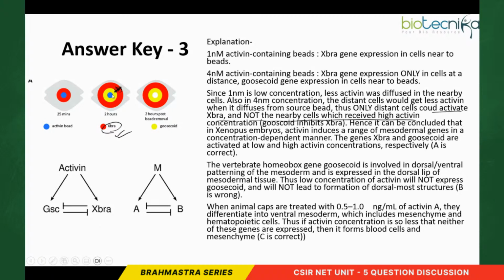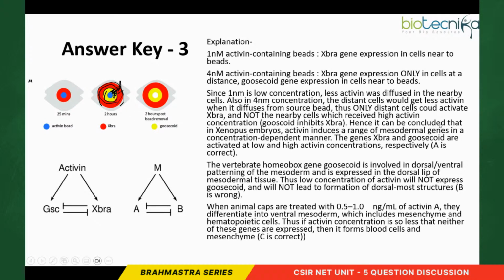So only a high concentration of activin can activate goosecoid. Only where activin is present, there you have the inhibition of XBRA. So in this yellow portion, XBRA is not expressed. Whereas in the distant regions where you have low concentration of activin, you don't have goosecoid, because of which there you would see XBRA being synthesized.